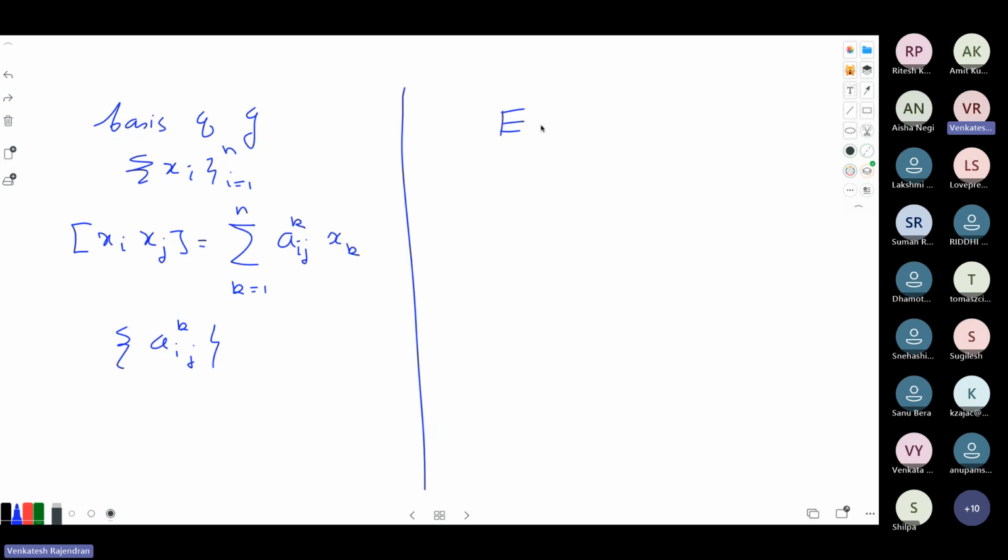So for example, let's take E6. If you take E6, it's a rank 6 root system. So you have the simple roots, and from the simple roots you can write down all the other roots. From there you try to understand how the Lie algebra should behave, and try to determine all possible structure constants. Most of the structure constants are actually already known.